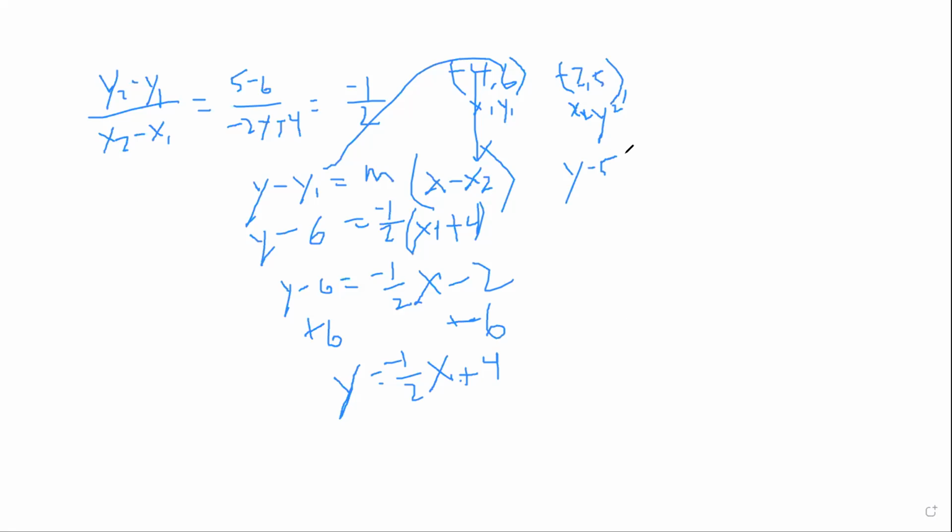Y minus 5 equals -1/2 x minus -2. Y minus 5, -1/2 x becomes +2, so this is -1. Add 5.